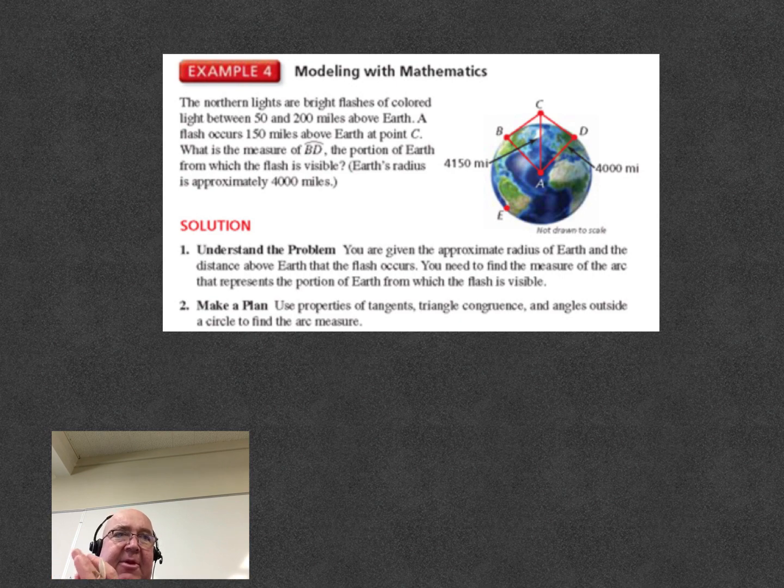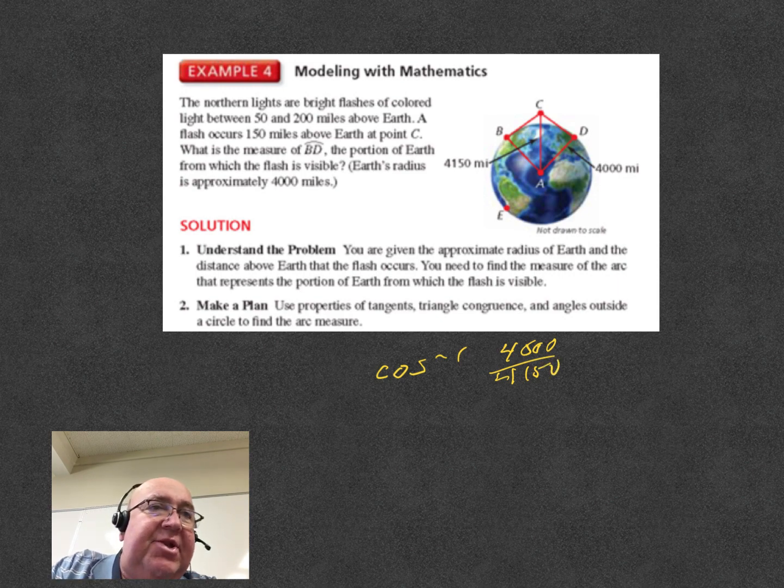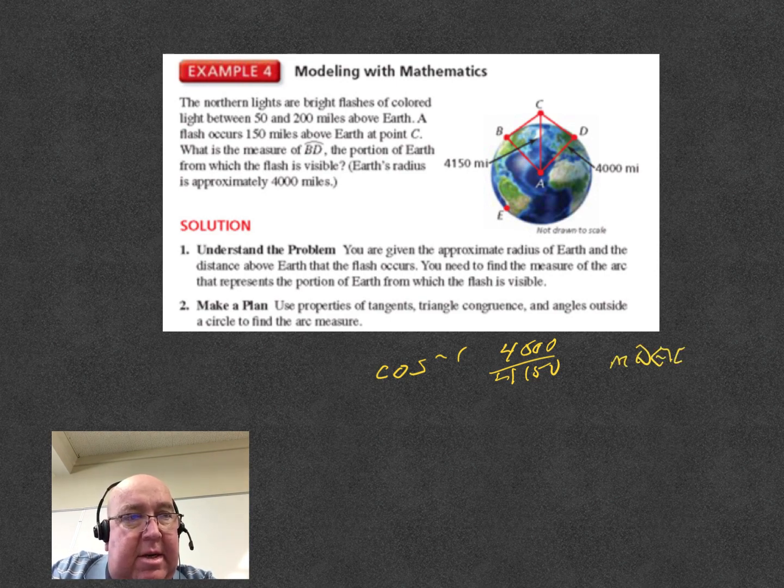So in the example in Canvas, you'll see a different way of working this. I'm going to use another way that we've learned before. We're going to find the inverse cosine, so cosine -1 of adjacent over hypotenuse. So 4,000 over 4150, and this will give me the measure of angle DAC, and that becomes 15.5.